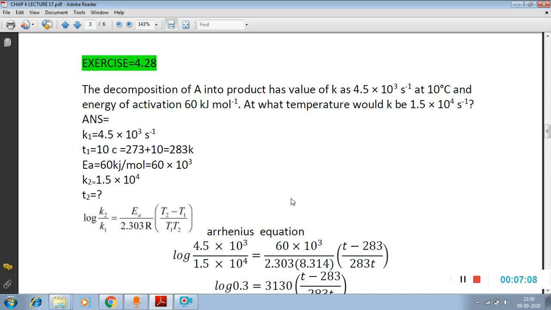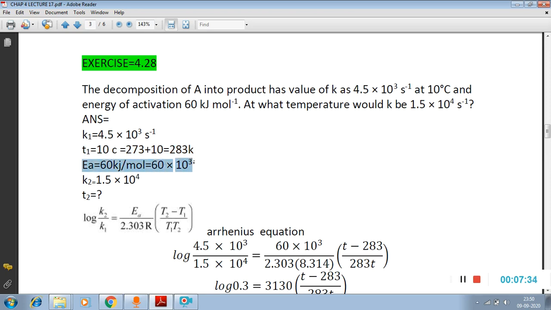Okay, so here the first K value is given to you, 4.5 into 10 raised to 3 second inverse, and at that time the temperature is 10 degrees Celsius. So convert it into Kelvin, 283 Kelvin. Activation energy is also given, 60 kilojoule per mole.